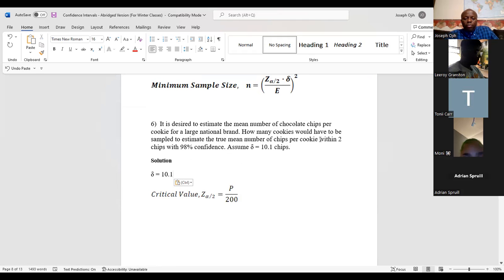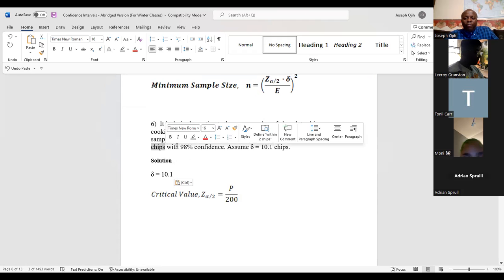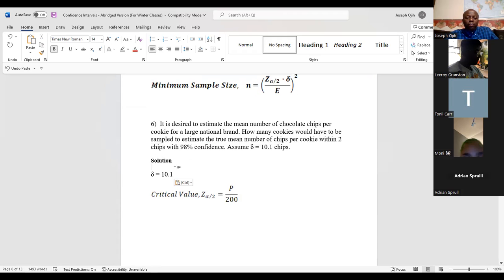Within 2 chips means that if they make a mistake, it affects only 2 chips. So their error margin is 2. E equals 2 chips. What is left now is to estimate the critical value for 98%.